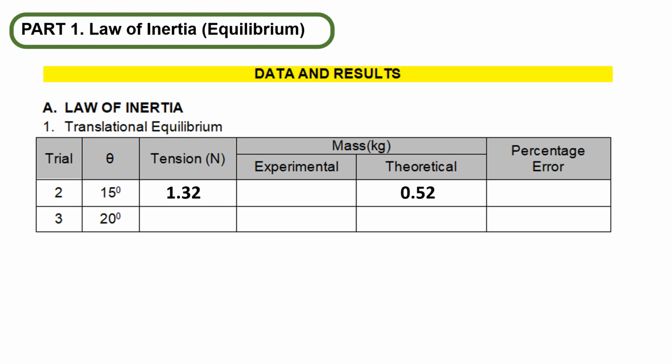So let us compute this one. Again, the tension here is 1.32. The formula for the experimental mass is T over g sine theta. So the tension is 1.32 newtons over g, which is the constant 9.8 meters per second squared, multiplied by sine of the angle, 15 degrees.